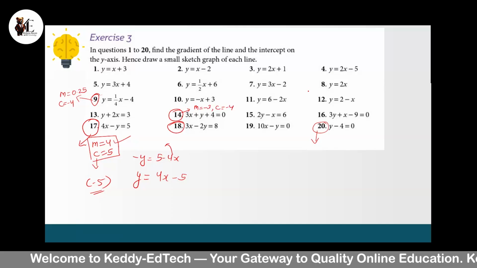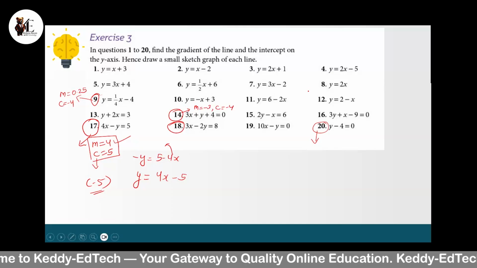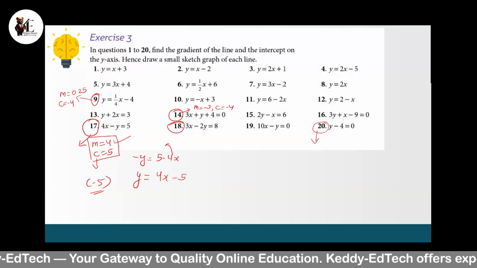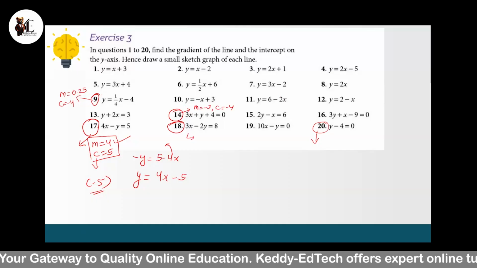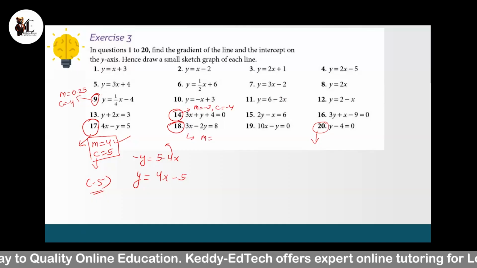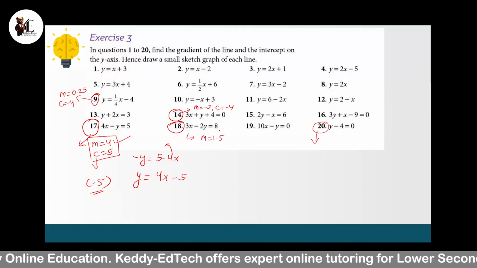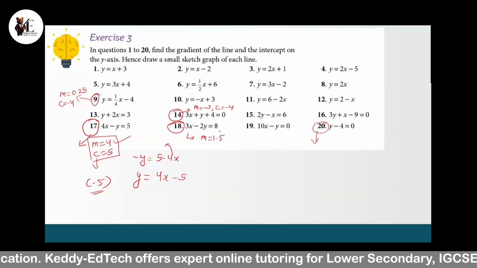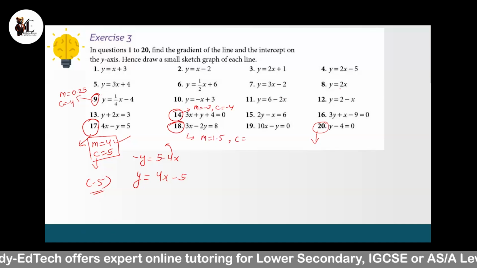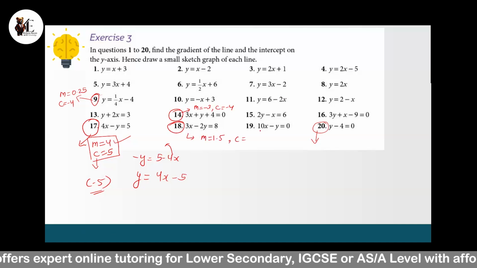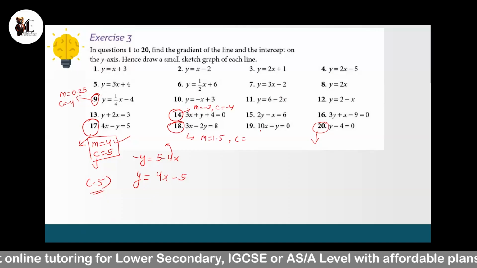Yes, that's correct. And answer for question number 18? M is equal to 1.5 and C is equal to -4. Please repeat the value of C. -4.